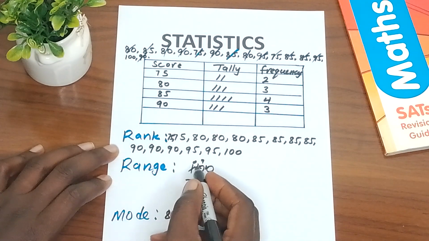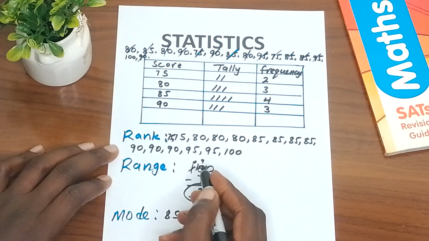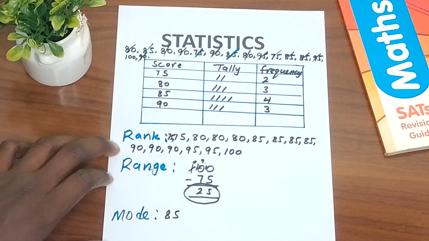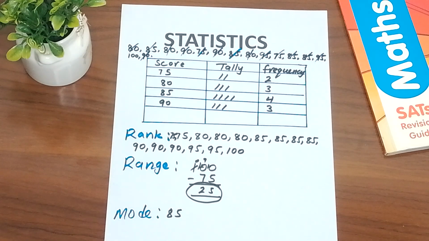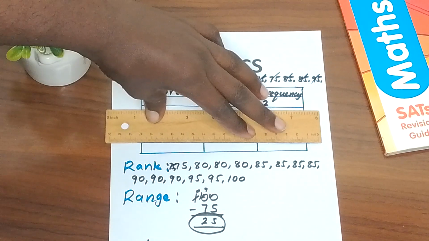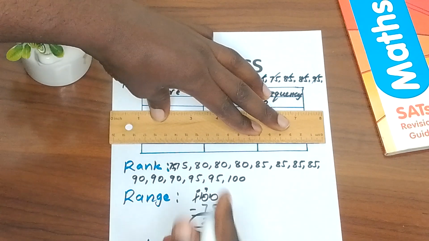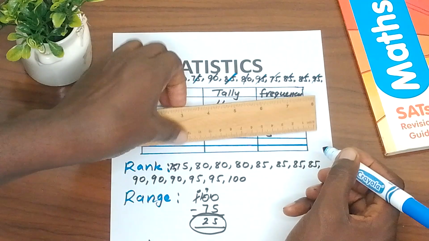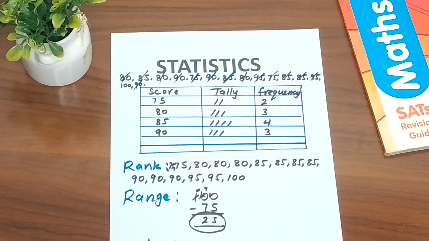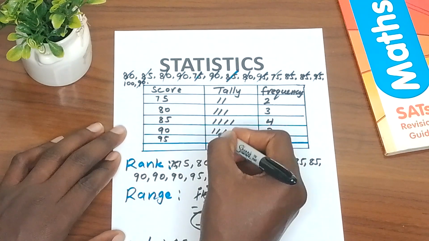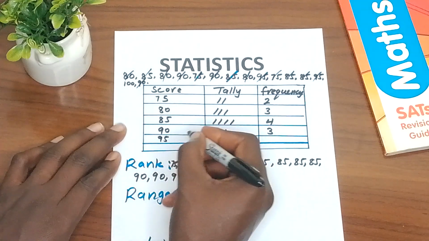And then we go to 95. After 95, we'll still have 100. So let's make another line here for that. So we have 95, and how many 95s did we have?